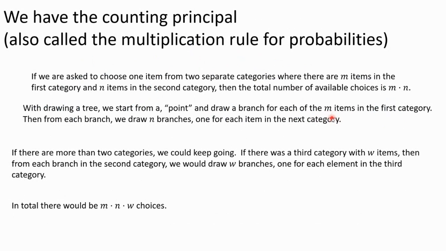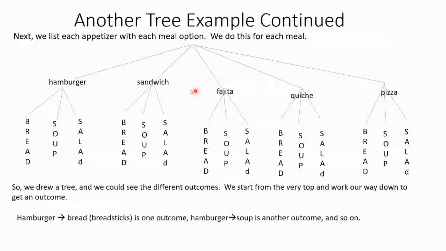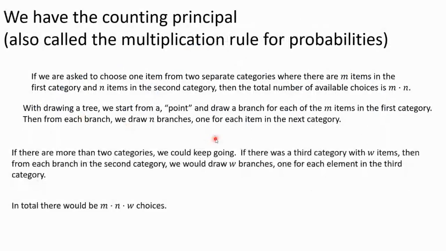And then from each item in the first category, just like over here with the meal, we have a branch for each item in that category. And then from each of those, you would draw branches for each item in the second category. So from each of the m items, you would draw n branches. And thus, you would end up with m times n.